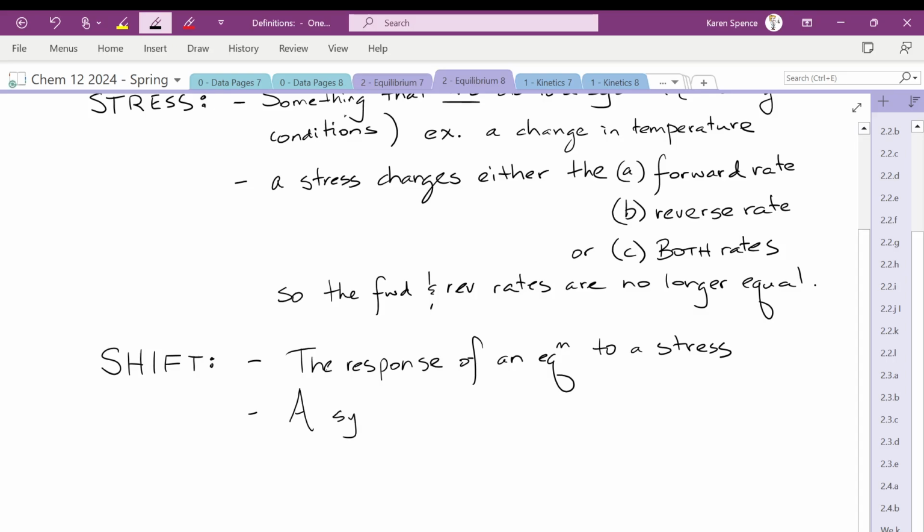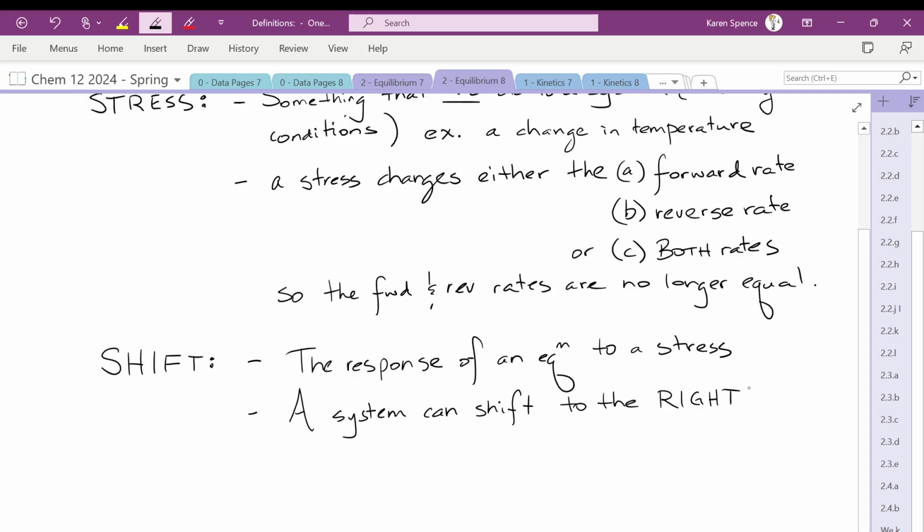A system can shift to the right, and if we're shifting to the right, are we making more reactant or are we making more product?